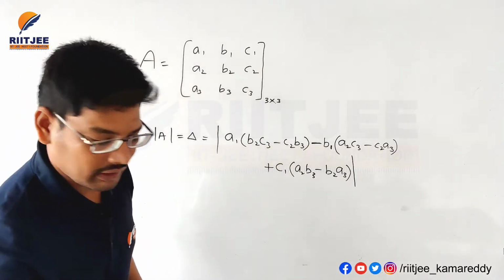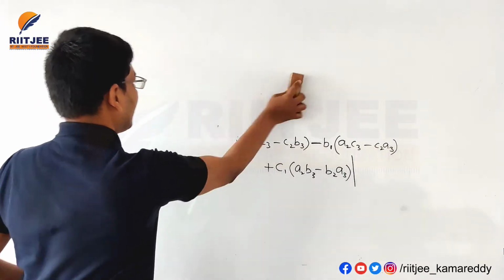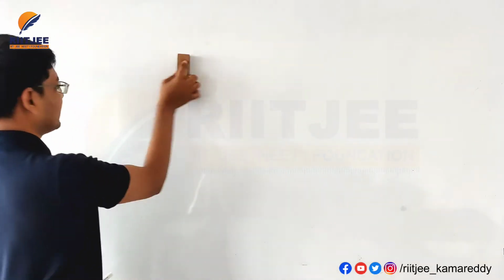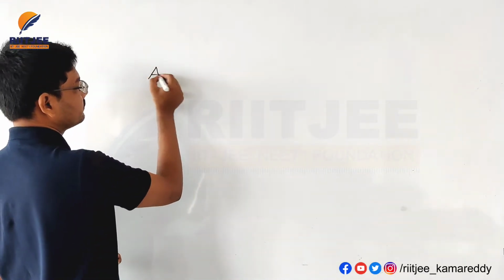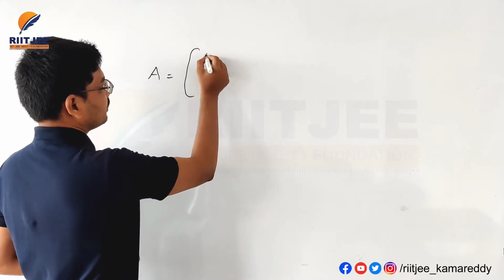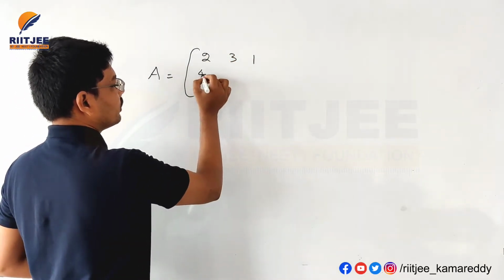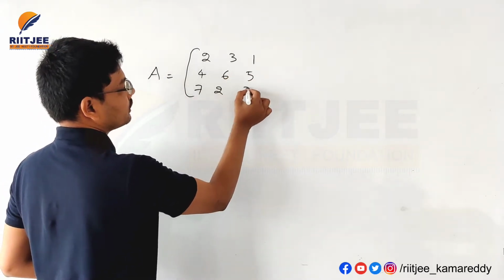Next, let us take one example of a 3 by 3 matrix. It is a square matrix. I am taking A equal to [2, 3, 1; 4, 6, 5; 7, 2, 3].